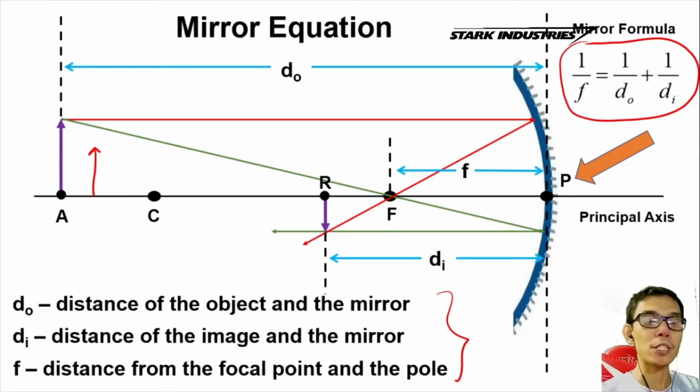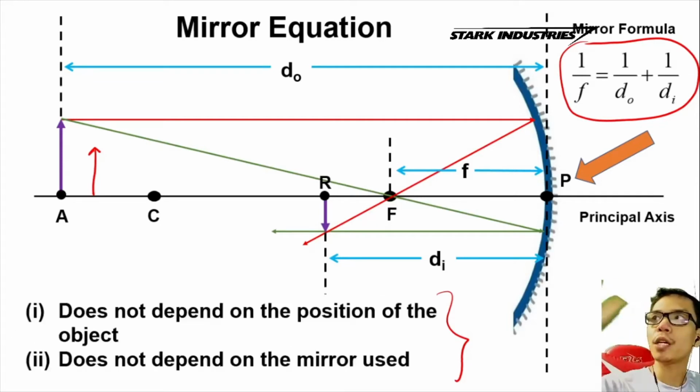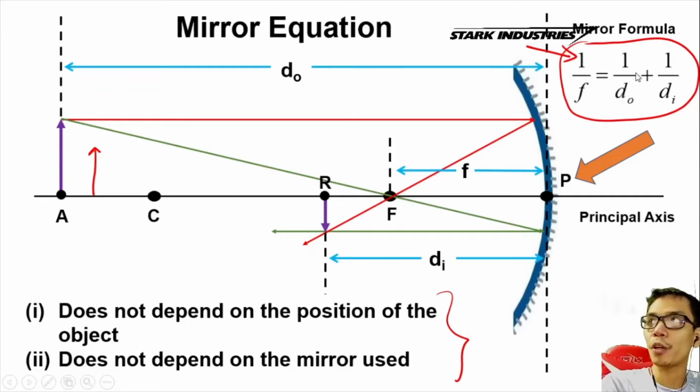The answer to both questions is no. It's because this mirror formula doesn't depend on the position of the object. Besides, the formula is talking about distances only. None of the variables in your formula talks about the position of the object.